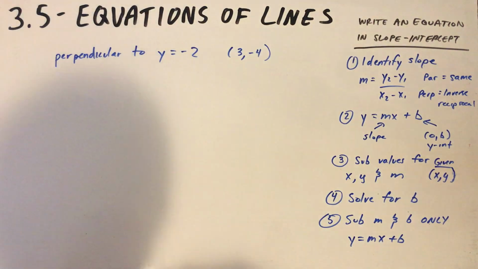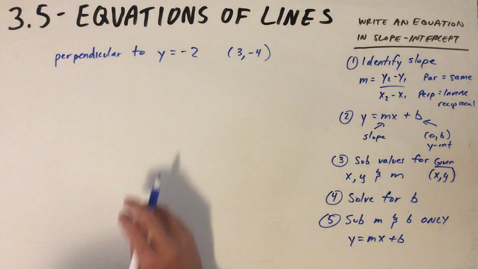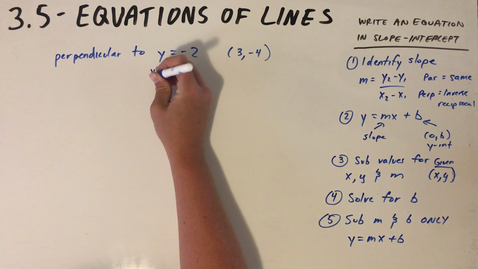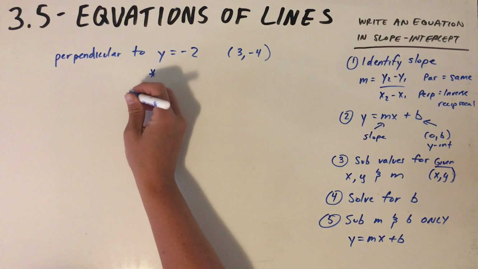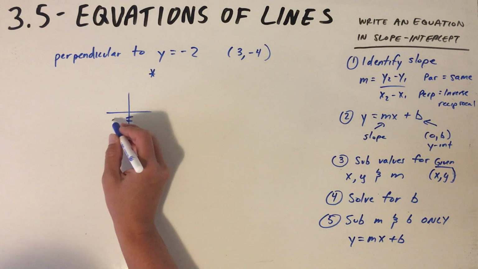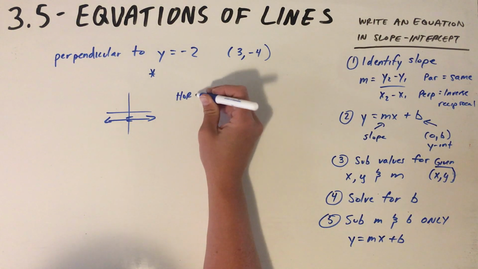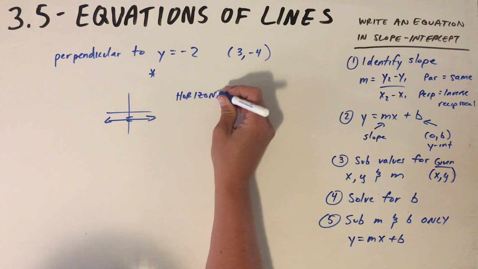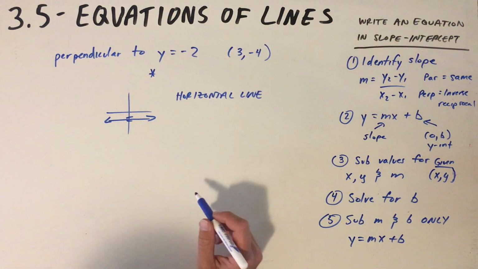Well, perpendicular lines have inverse reciprocals, but first of all, what does this line look like? This is where understanding what lines look like is really, really important. So if I'm on my xy coordinate plane and y is equal to -2, this line is a horizontal line. Okay, the line that was given is a horizontal line.